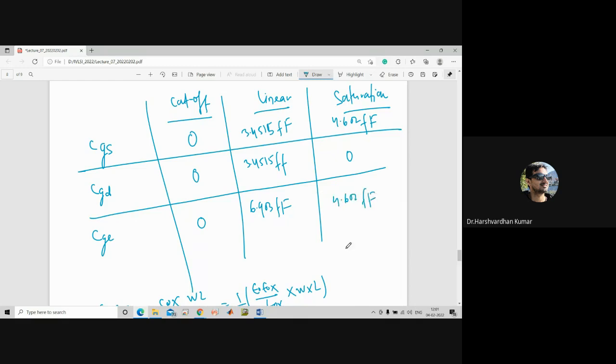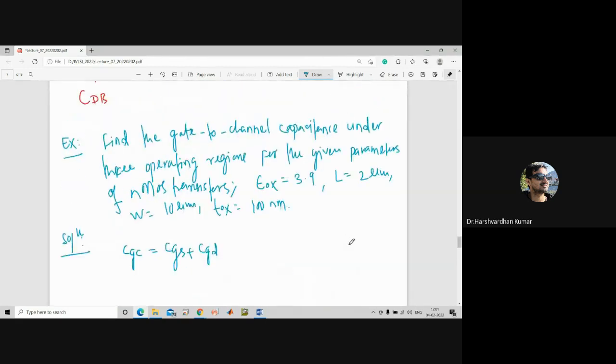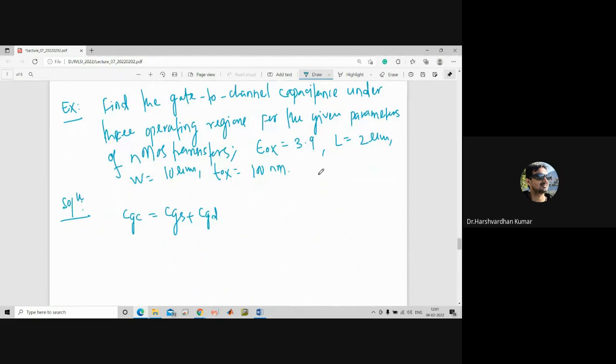So in this way, I will ask you questions in the exam to calculate the capacitance. But what will be the change? I may ask you to find out the depletion capacitance. Let us say this was for silicon dioxide, but I may ask you for different materials.